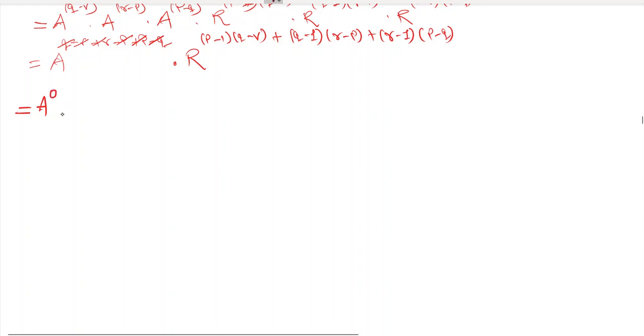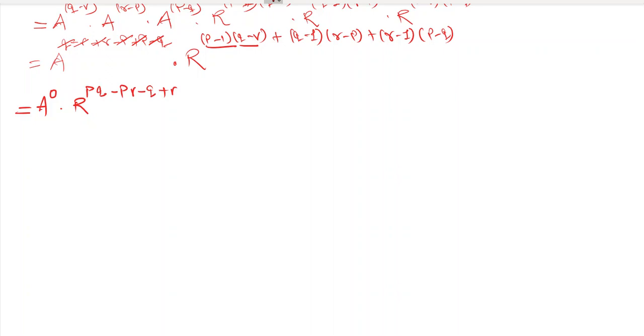A raised to 0 multiplied by r raised to, I'm going to multiply the binomials here, p minus 1 into q minus r becomes, let me write the answer directly, pq minus pr minus q plus r.